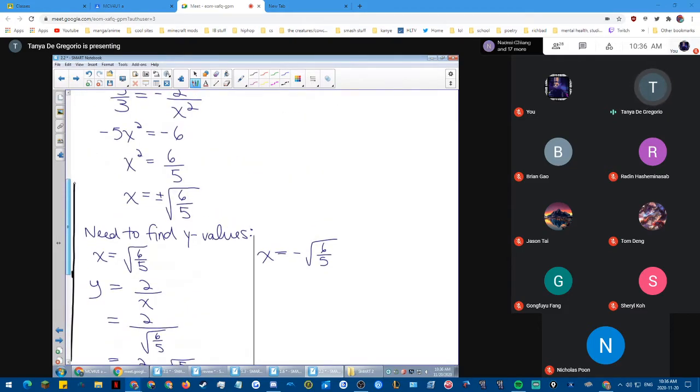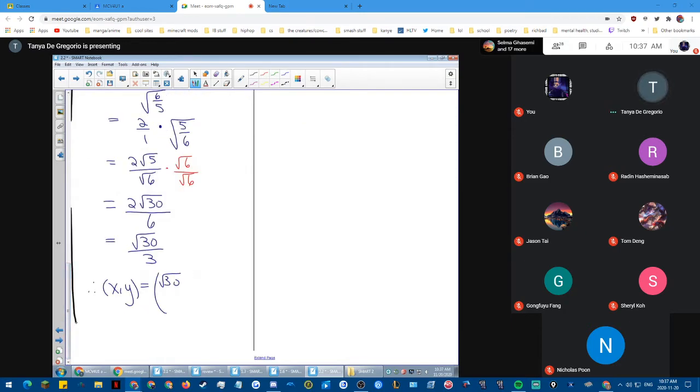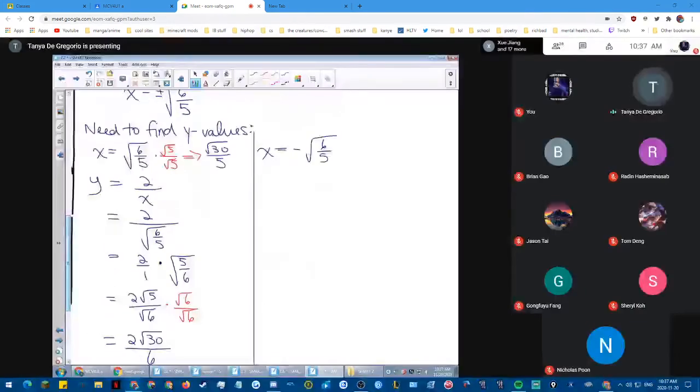So if you rationalize your x, as we just saw, it's going to be root 30 over. And here we have. Okay, so that's your point. And then you do the same thing for your other x value. And the other x value is just the same but negative.